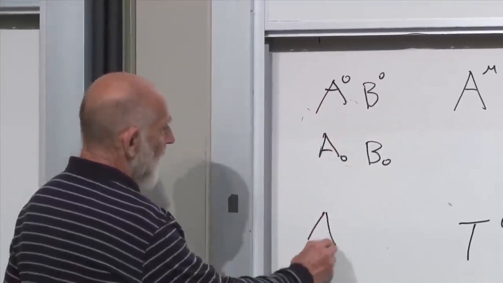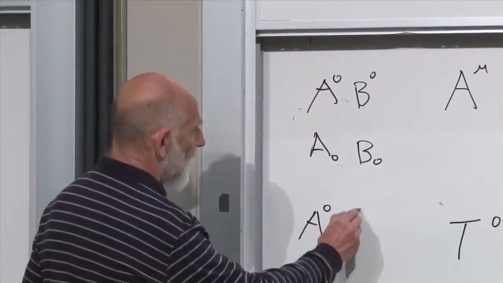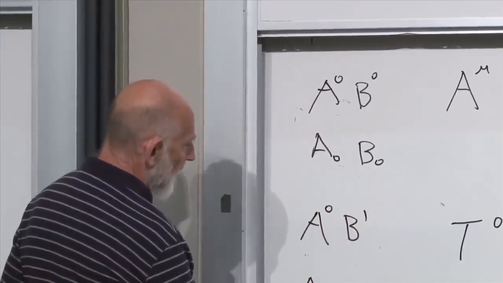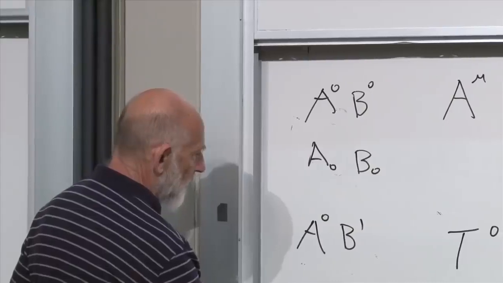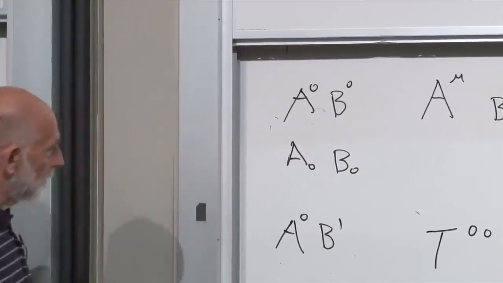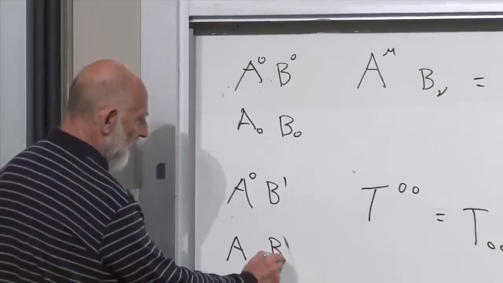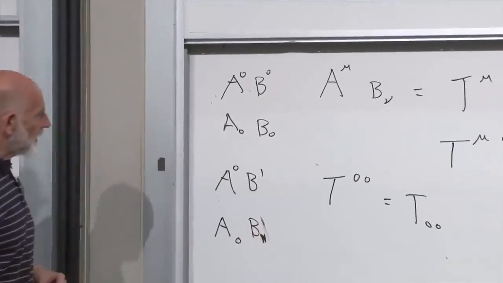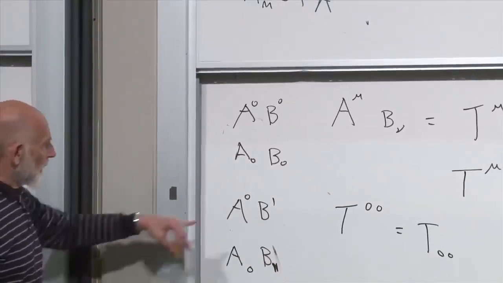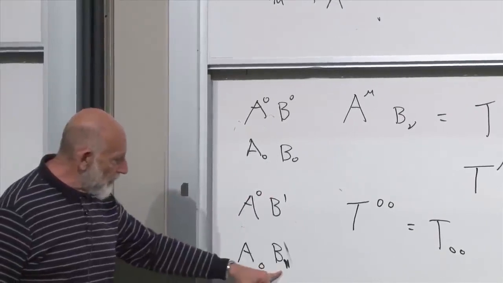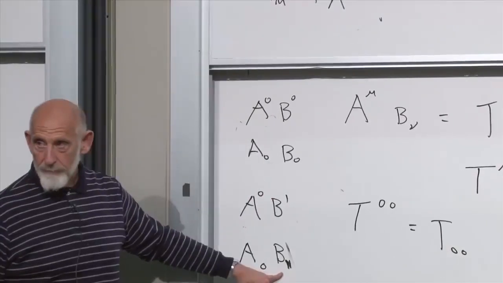This is equal to this. But what about this one? A naught B1, and how does that compare with A naught B1? Sorry, let's put both of them downstairs. B super 1 and B sub 1 are the same.